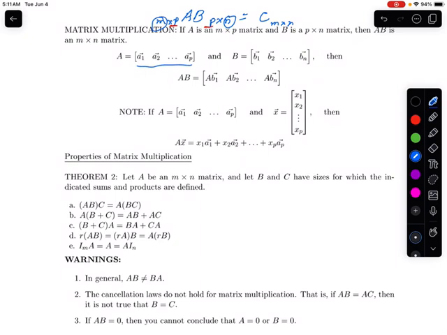The A matrix consists of P vectors, each of size M, and in B there are N vectors, each of size P. So the way we multiply AB is that we multiply the whole matrix A with each column vector of B, one by one.